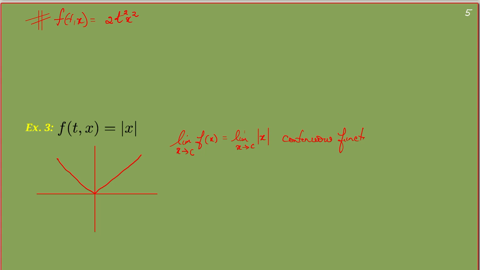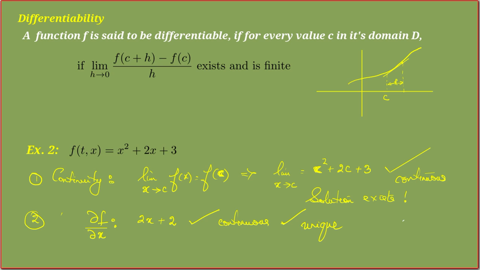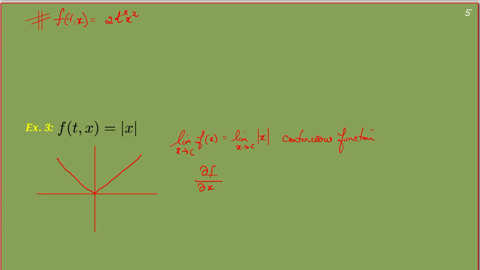Okay, so now we will check whether the derivative is continuous. We will check whether ∂f/∂x is continuous for this function. For that, we take the previous system's equation, f of c plus h minus f of c, and see whether this is continuous or not. So this says the limit as h tends to 0 of (mod c plus h minus mod c) by h.